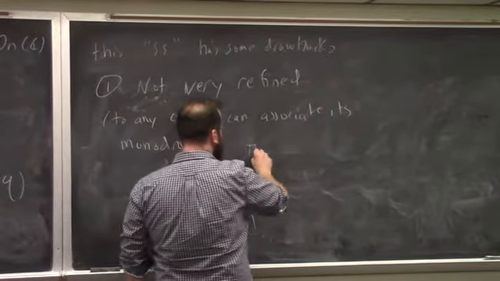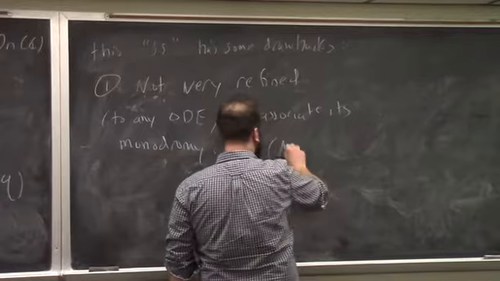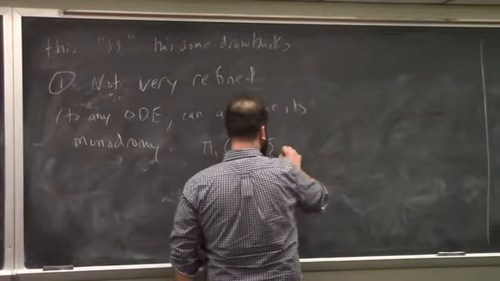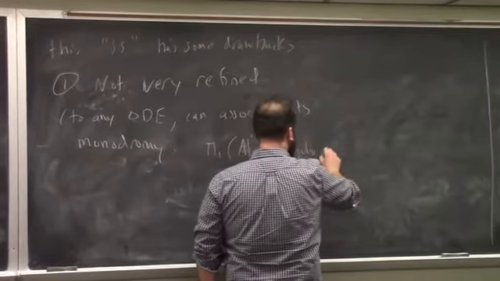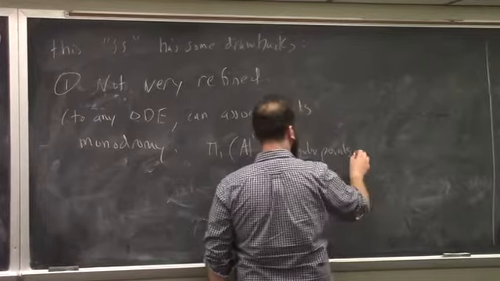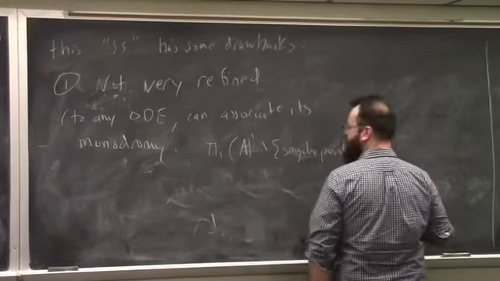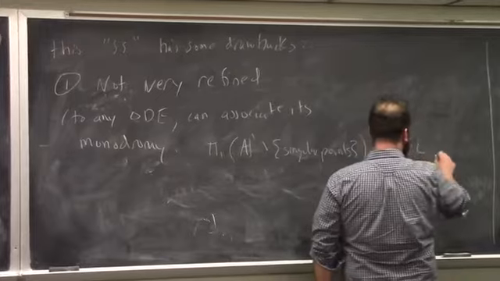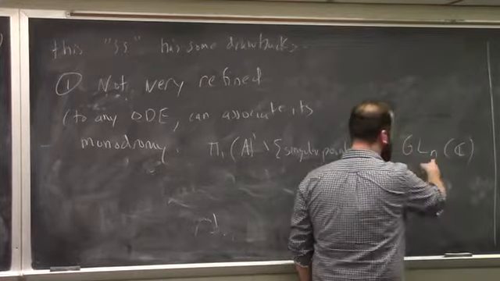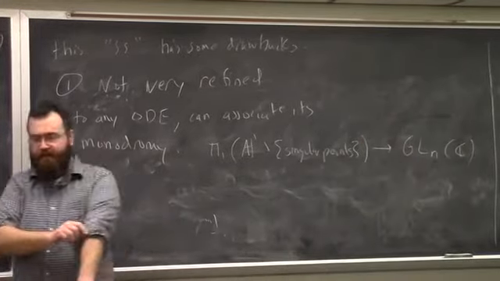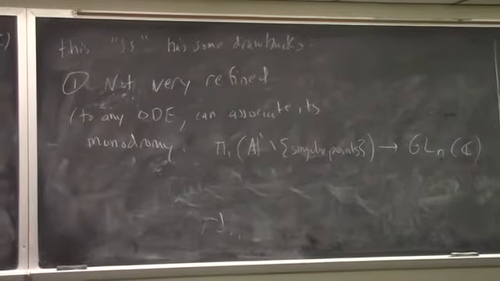That's a representation from pi_1 of A^1 minus the singular points to GL_n, a map from that group to GL_n, where the n is the order of the differential equation.